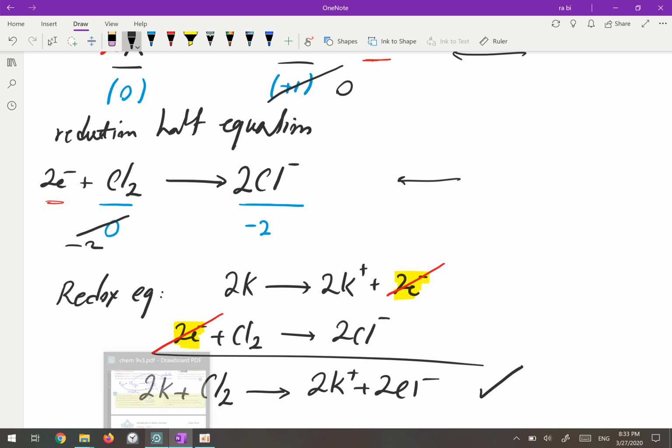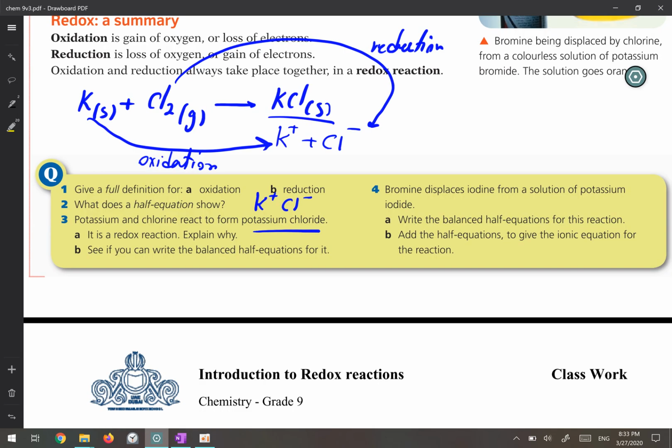Okay, let's go back to your book to question number 4. It says, bromine displaces iodine from a solution of potassium iodide. Write the balanced half equation for this reaction. So it says bromine, Br2, a diatomic molecule, displaces iodine from a solution of potassium iodide.